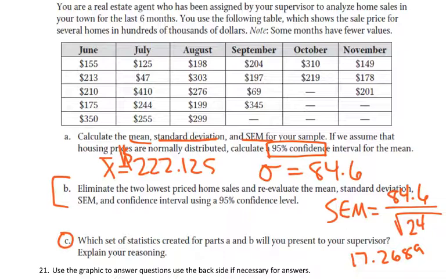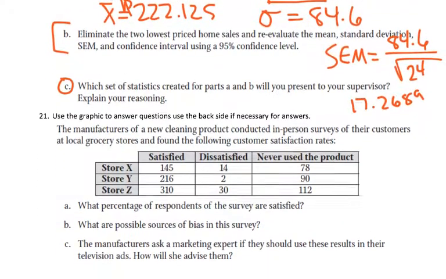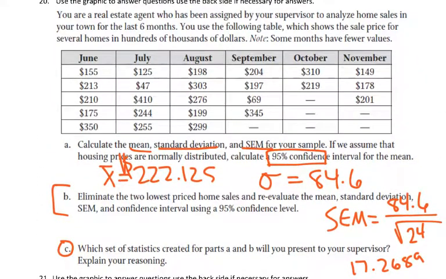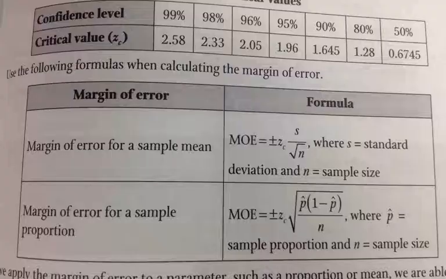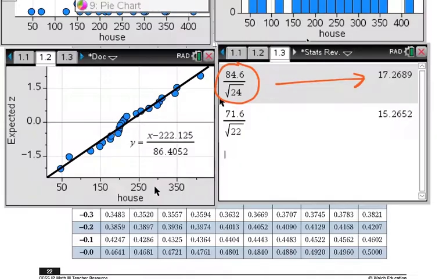Now it wants us to calculate a 95% confidence interval. We may have to make another video to finish off this last one. So to do that, you take this SEM and you multiply it by the confidence z-score, and that's the plus or minus. So we take that 17.27, we'll say, and we multiply it by, over here to the confidence, a 95 is 1.96.